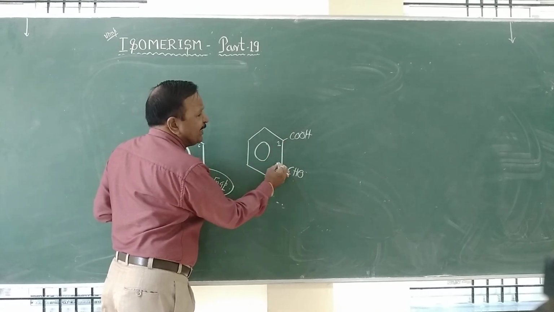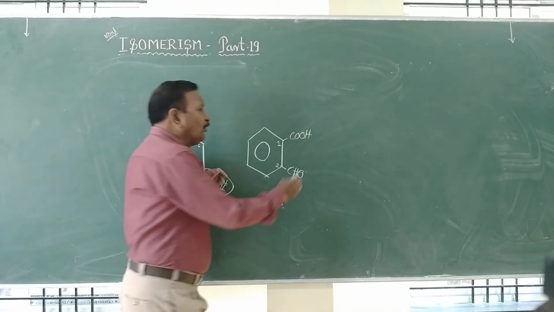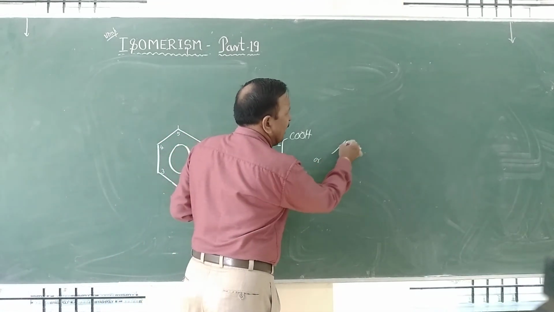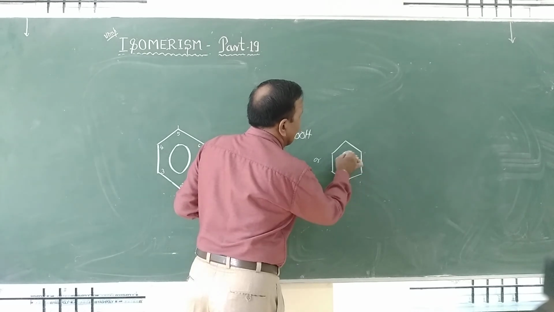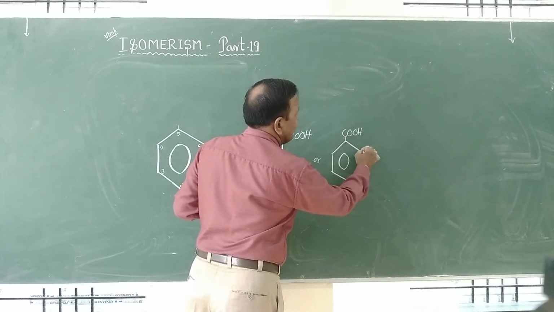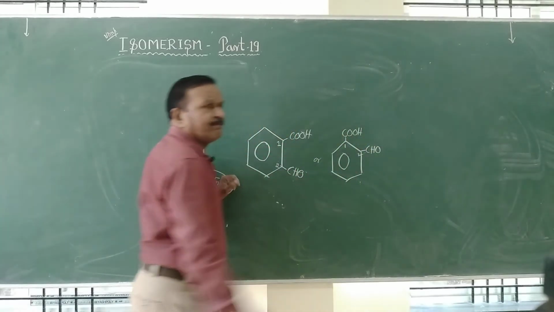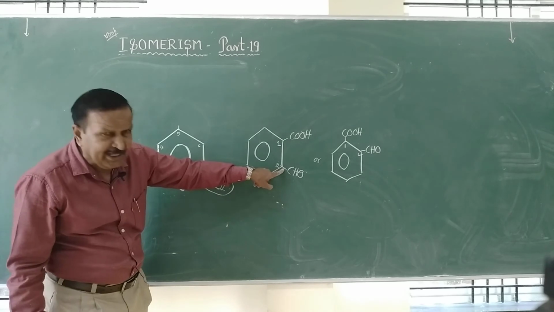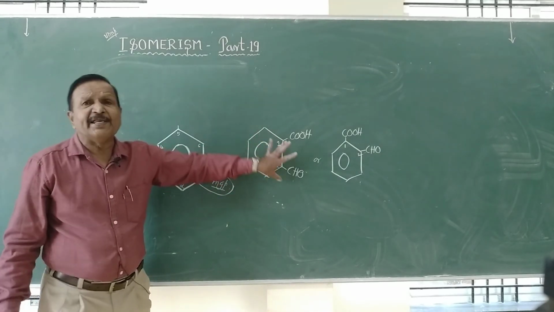If it is number 1, this is number 2. Or, not to confuse yourself, you are allowed to write like this also. There is no problem. You can write like this, COOH and CHO. So this is 1, this is 2. If you write COOH here, CHO will come. So that you have to bear in your mind.